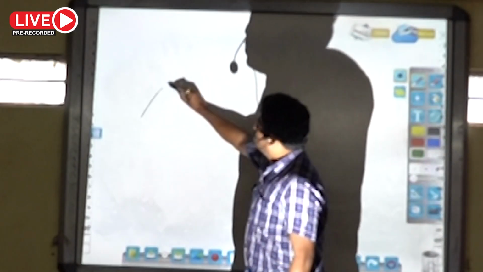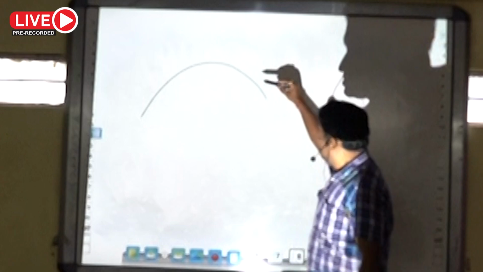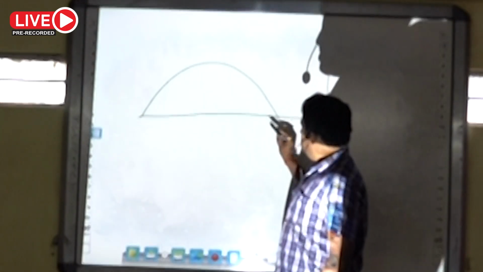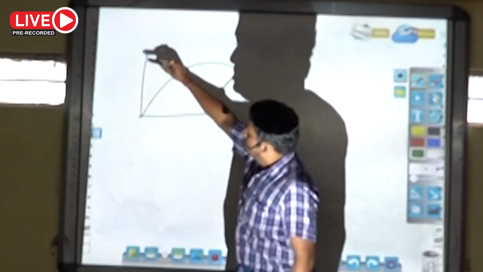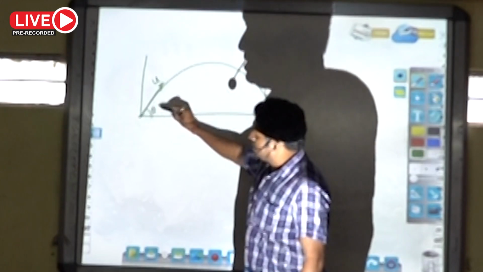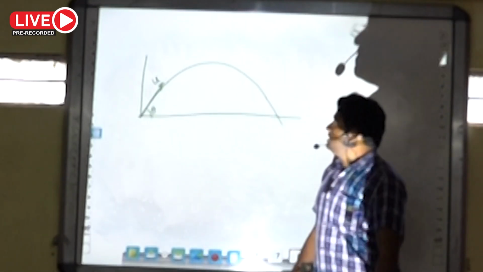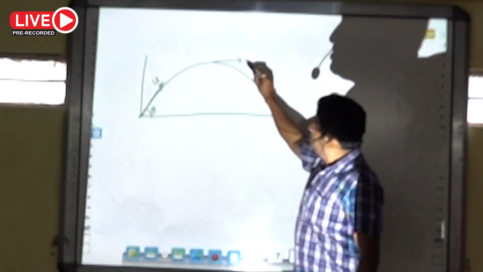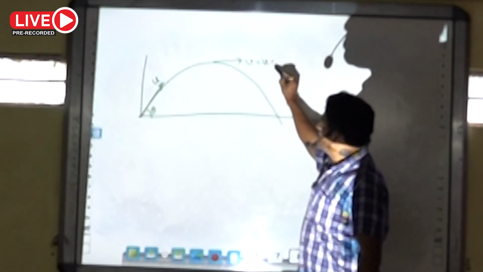So this is the projectile motion. Now we consider that it is thrown with velocity u at an angle theta. Then near the topmost point, what is the velocity? V we consider, that is u cos theta.